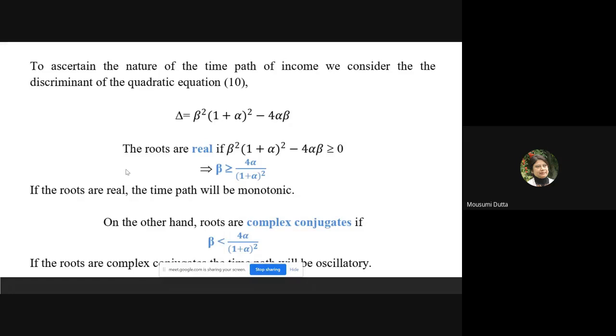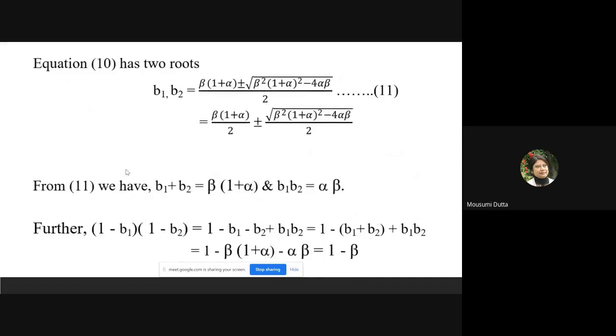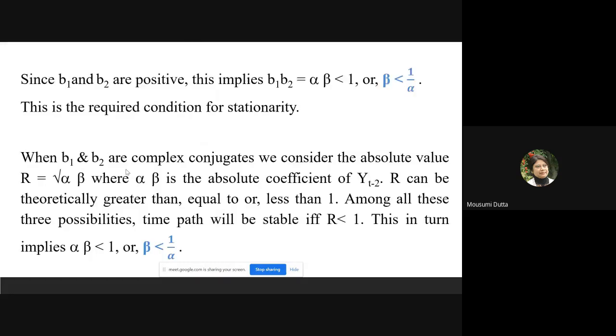And then I started to talk about the nature of the time path, which will depend on the discriminant of the roots, the discriminant, which is below the root over part.